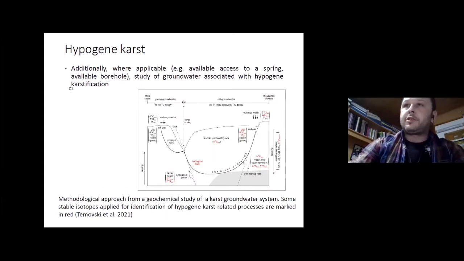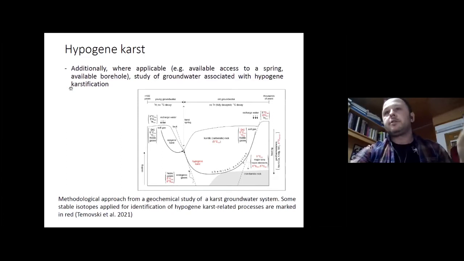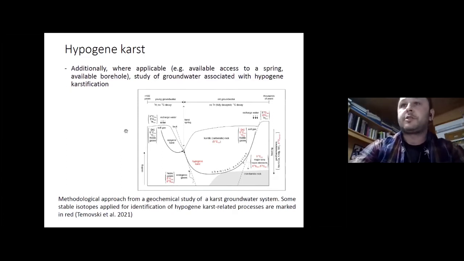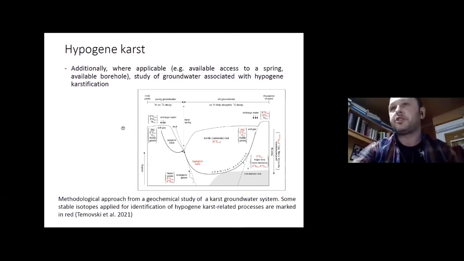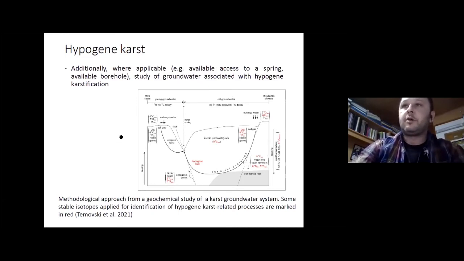Although I said this application of stable isotopes is mostly based on cave minerals, if we have access to a spring discharging such a hypogene karst system, or an available borehole going deep into that karst system, so we have access to the water of an active hypogene karst system, we can also study the geochemical properties, the stable isotope composition of that water, or certain compounds within it, some dissolved ions, for example.